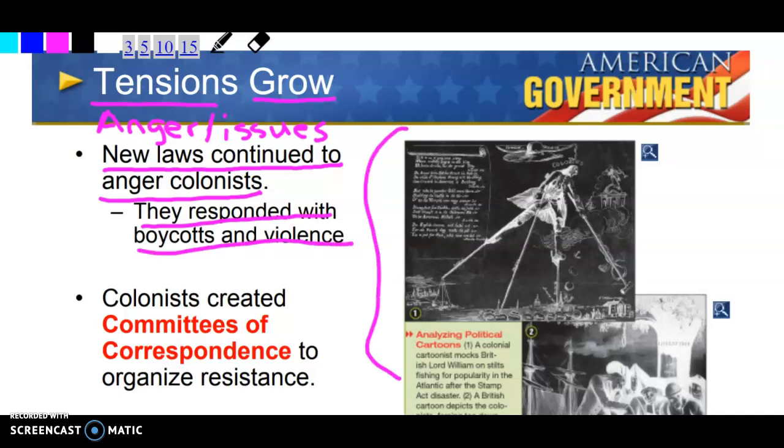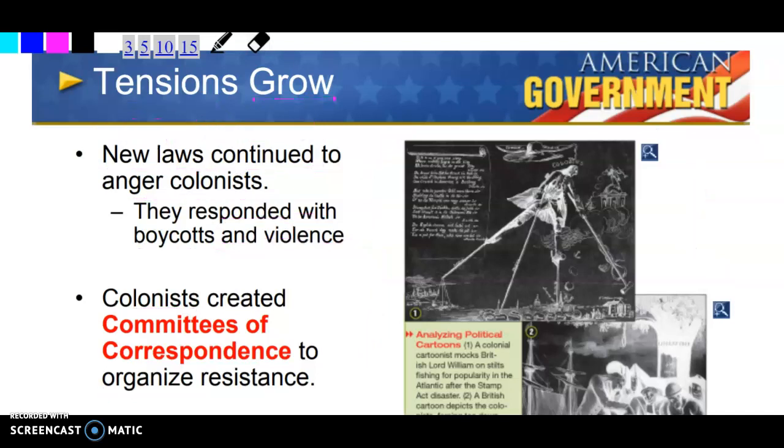Over here in these pictures, you can see some of the boycotts that they chose, some political cartoons at that time that were being put out. The colonists created committees of correspondence to organize resistance. So the colonists began to organize their resistance to these new laws that were being enacted by Britain and Parliament.